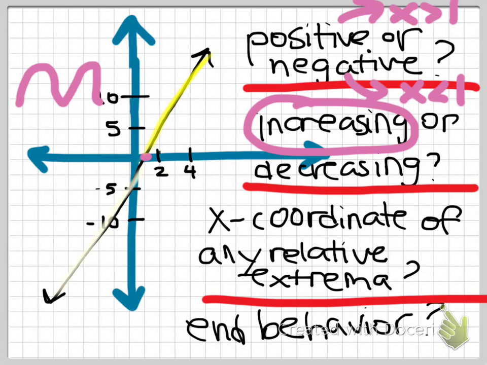But in this case, this graph does not have extrema. And when I mean extrema, I mean either a maximum or a minimum point. So in this case, there is no maximum point on the graph that we can pinpoint, and there is no minimum point because the graph continues to go to the right and up for an infinite amount of time.